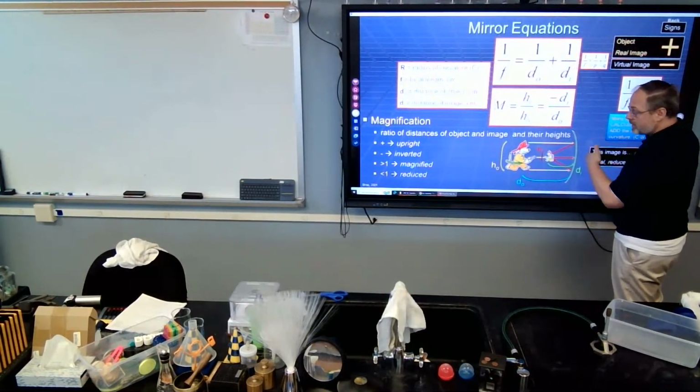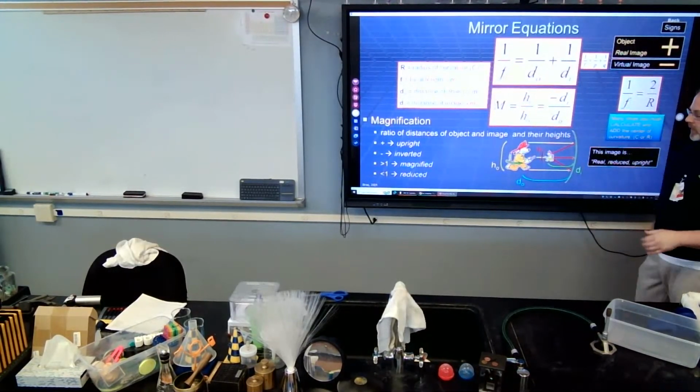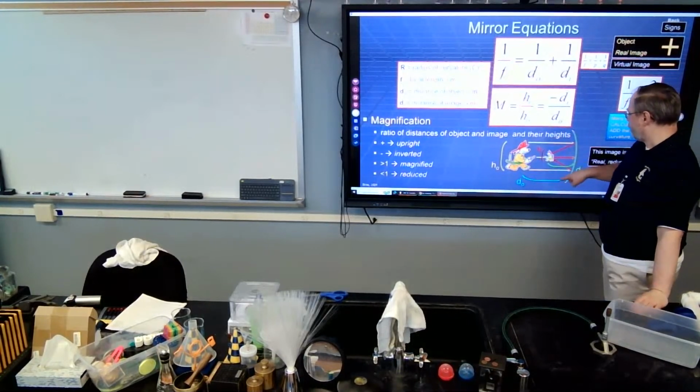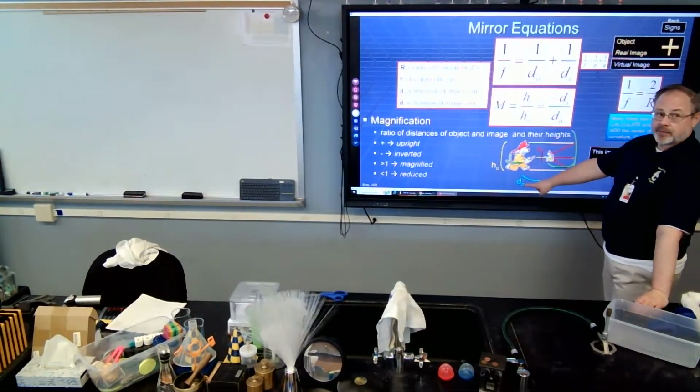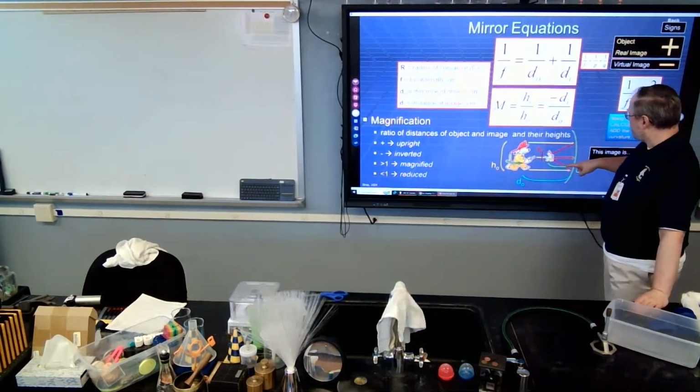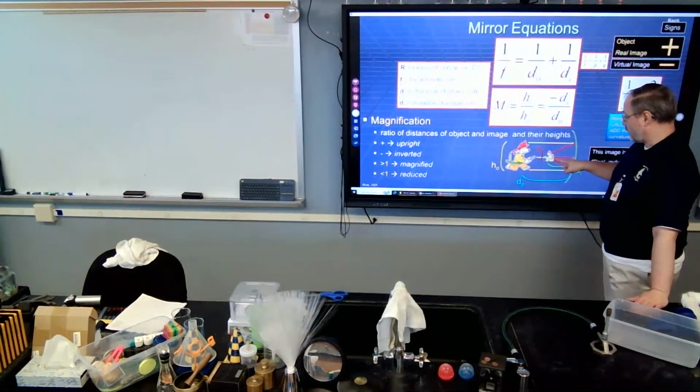The plane of the device is always perpendicular to the principal axis. So here's our DO. DO is going to be positive or negative? Positive. Here's our DI, distance of the image. DI is going to be positive or negative? Positive. And the F is also going to be positive.